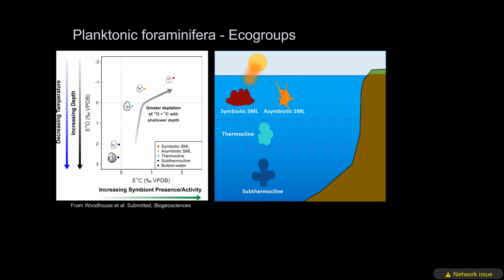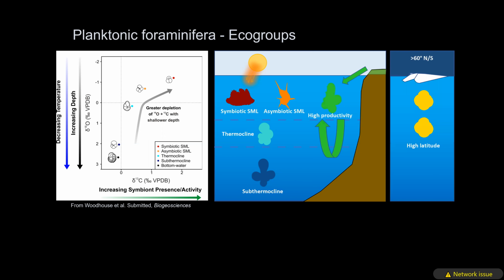In the subthermocline, Clavatorella, so deep in the water column with a stronger enrichment of delta 18O, and also species which tend to occupy regions of high productivity on continental margins and such. And then finally, our last ecogroup is our high latitude forms, such as Neogloboquadrina pachyderma, which dominates the modern day polar forms.